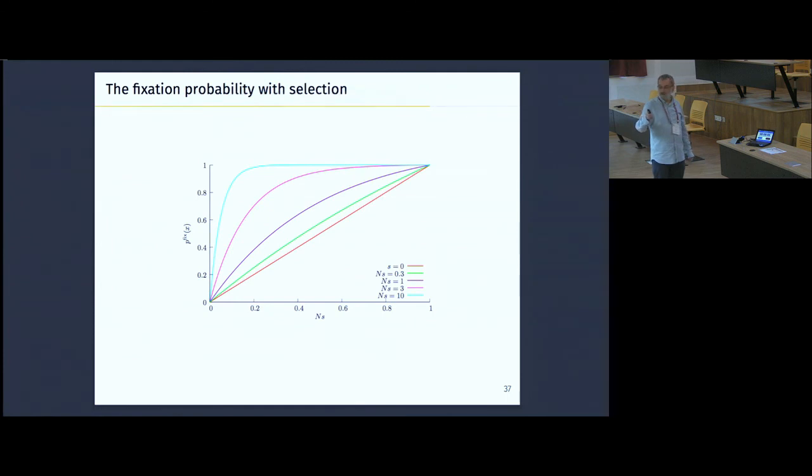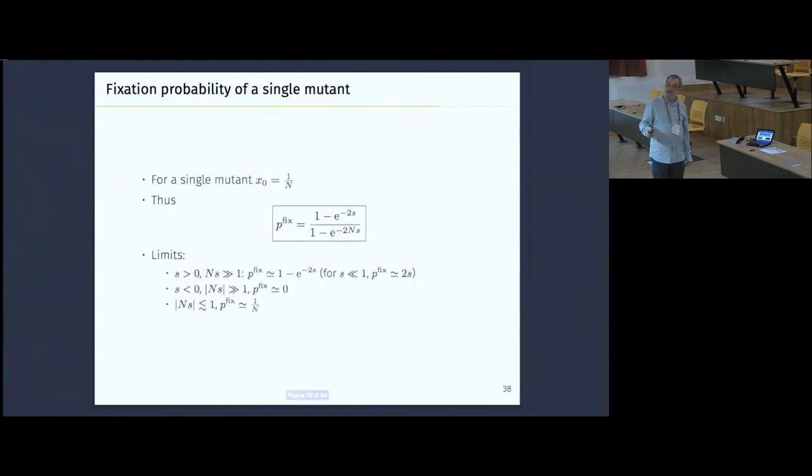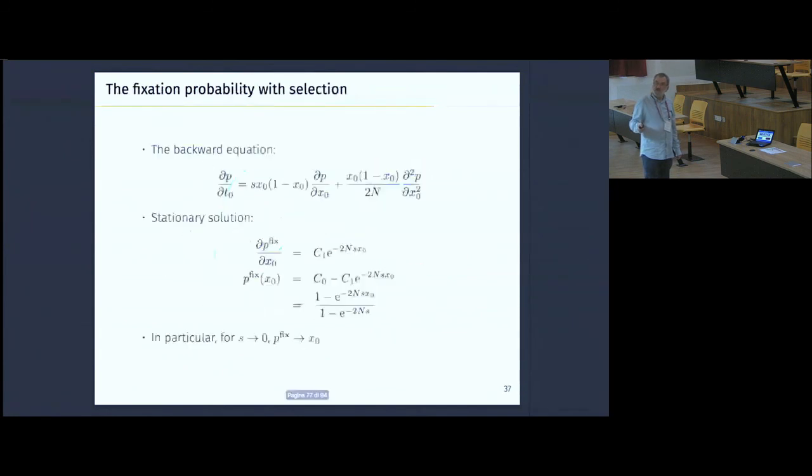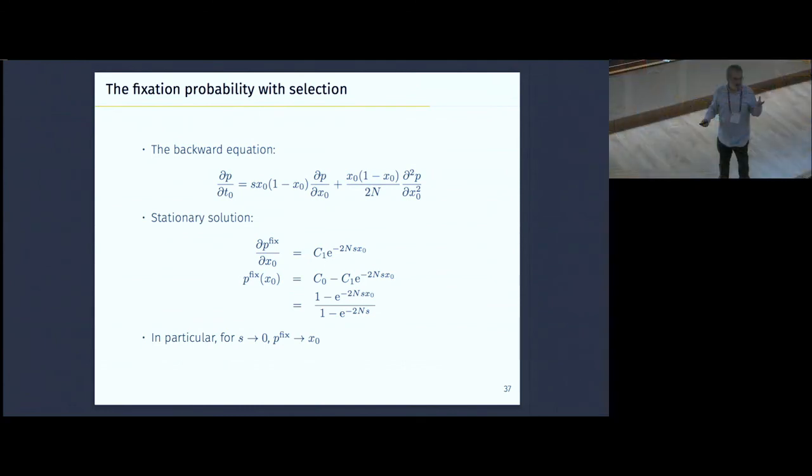So this is what happens. And this is the fixation probability for a single mutant in the population. The interesting point I wanted to make here on the fixation probability with initial frequency x equal to x0 is that if you take x0 times big N, this is equal to the number of individuals of this variant at a given time.